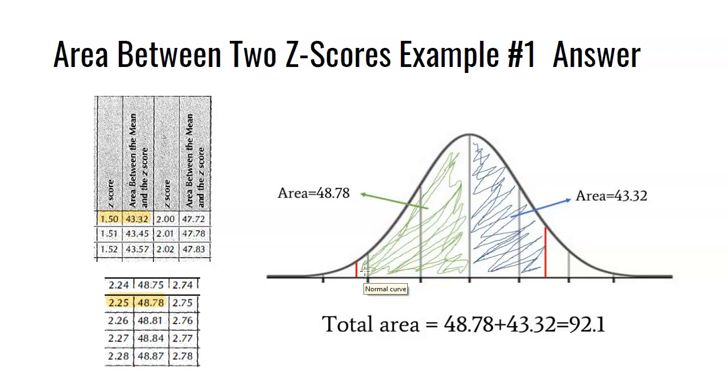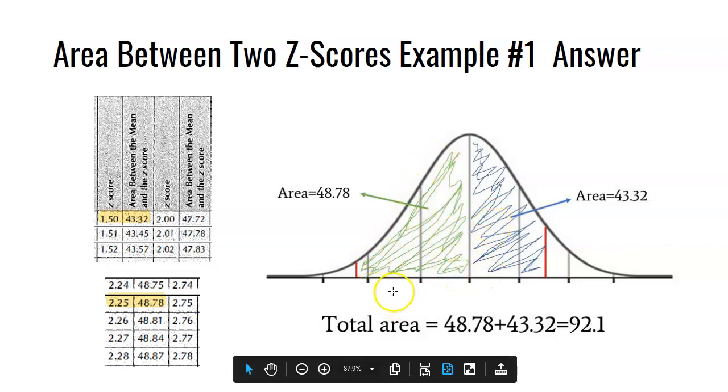So in this case, if I want to find the area between negative 2.25 and positive 1.5, I would add these up, right? And you can see that when you sketch it, of course you need to add it because you want all of this over here and you want all of this over here.